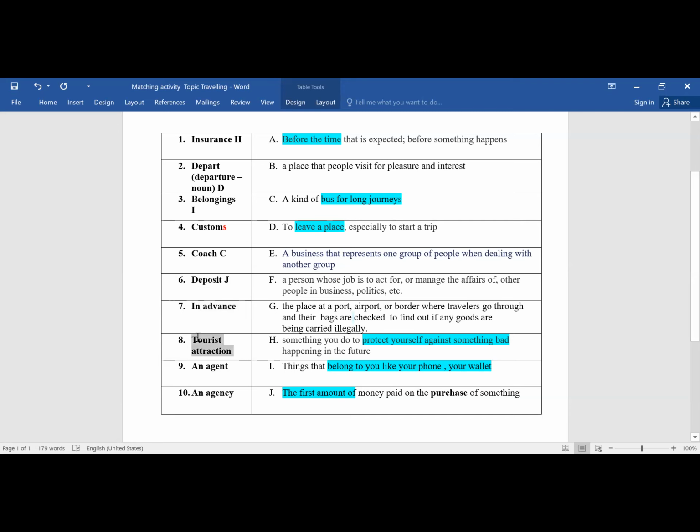Thank you. Tourist attraction. Now I would like to hear from Linh Nguyễn, please. Yes, I'm here. I think it is a place that people visit for pleasure and interest. Yes, a tourist attraction is usually a place that attracts a lot of tourists. Linh, can you please give me an example of a tourist attraction in Hanoi?